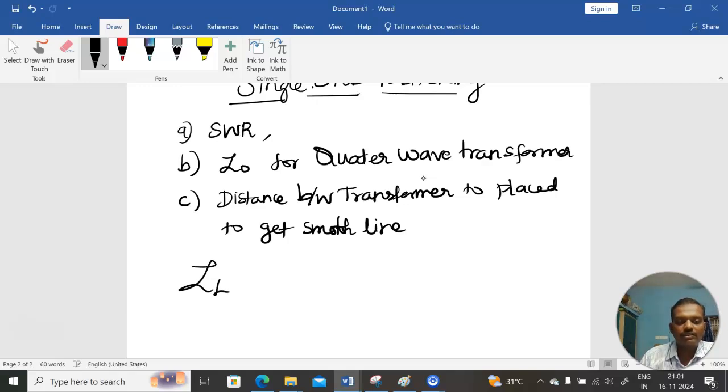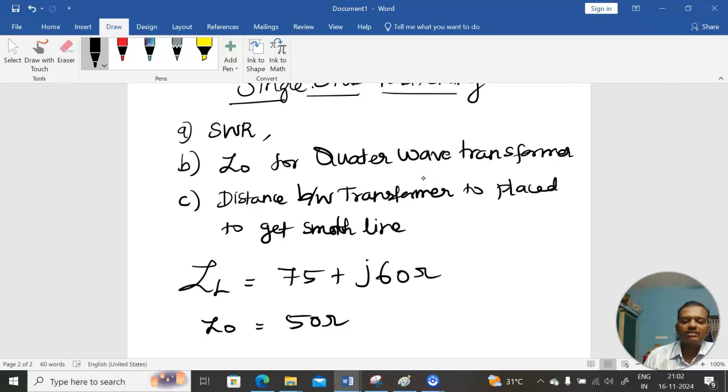The given ZL is equivalent to 75 plus j60 ohms. Then Z0 is equivalent to 50 ohms. This is the characteristic impedance of the transmission line.